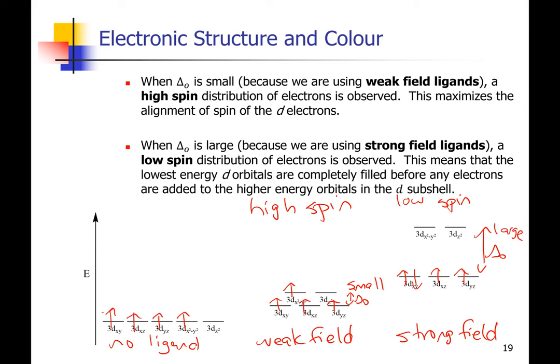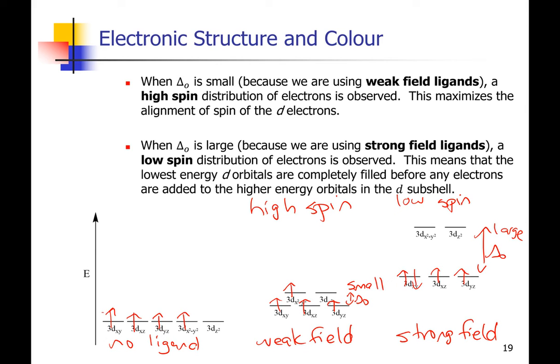So how does any of this have anything to do with color? Well, what we have done here by creating those two energy levels is set up a situation in which it is possible for an electron to be excited from one of the lower energy d orbitals into one of the higher energy d orbitals.